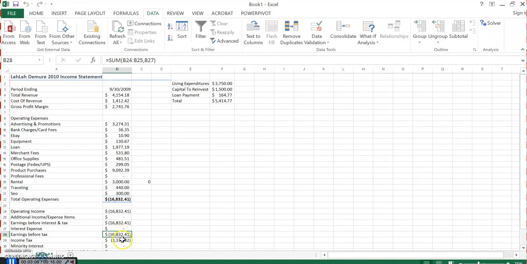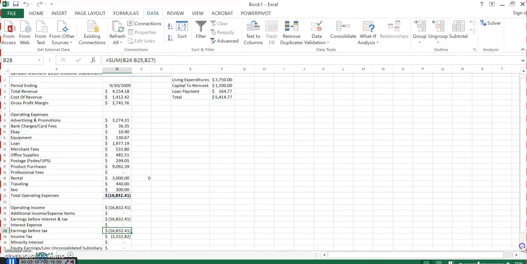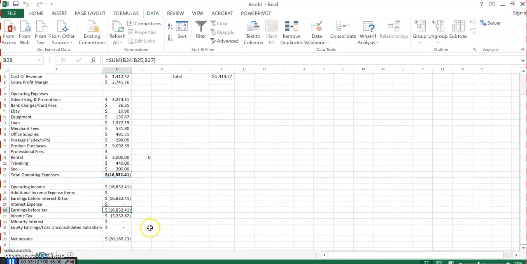Now, as far as income tax is concerned, once again, I did a bit of research and came across a statistic that said most small businesses in America are taxed at a rate of 19.8%.